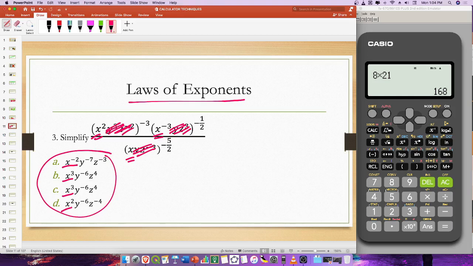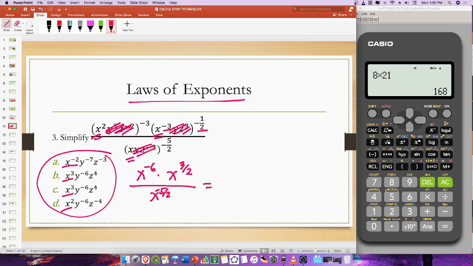we will use the laws of exponents, but for x only. So we have x squared. 2 times negative 3 is negative 6. Multiply that by x, negative 3 and negative 1 half is positive 3 halves. Divided by x raised to negative 5 halves.